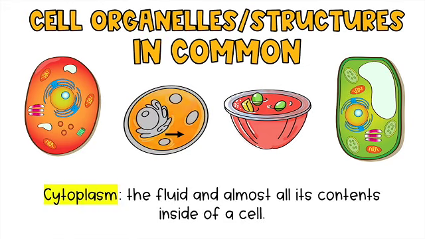Sometimes people like to put other foods in jello, maybe pineapple or raisins, or like my grandmother liked to put carrots in there. I'm not sure why, but those things are contained and float within that gelatin. So the cytoplasm is that fluid that all of the contents of the cell are floating within.